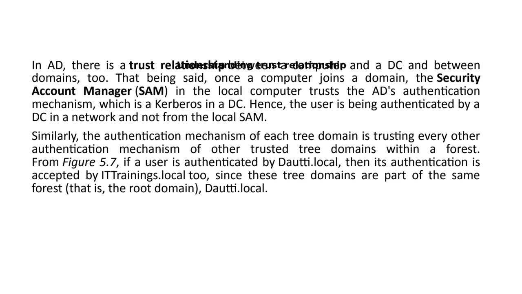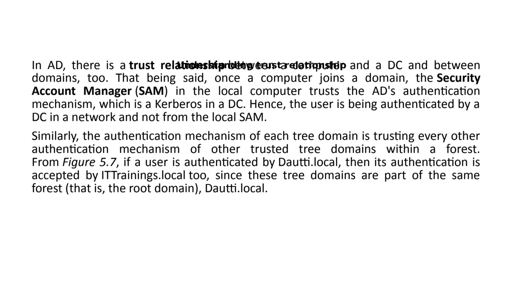Functional levels: forest functional level, FFL, and domain functional level, DFL. FFL controls which versions of Windows Server can run in the domain controllers of the forest. At the same time, it enables the available capabilities across all domains in a forest.